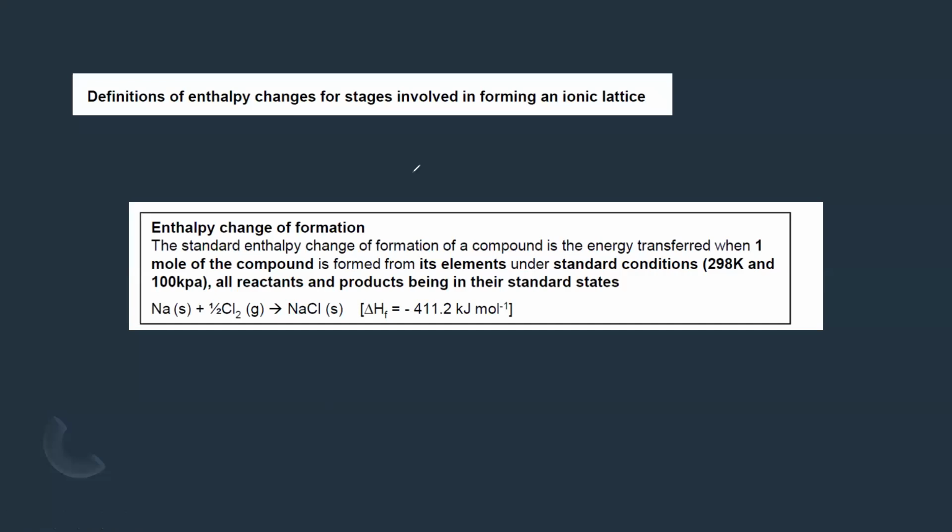The definitions related to the formation of an ionic lattice: enthalpy change of formation means when 1 mole of a compound is formed from its elements in the standard condition. Like you can see, when sodium in a solid state and chlorine in a gaseous state form 1 mole of sodium chloride, the energy is called enthalpy of formation. And how do we represent that? Delta H means enthalpy, and subscript F means formation.